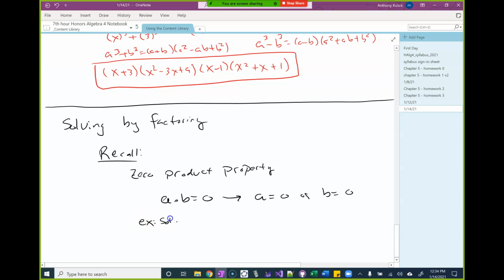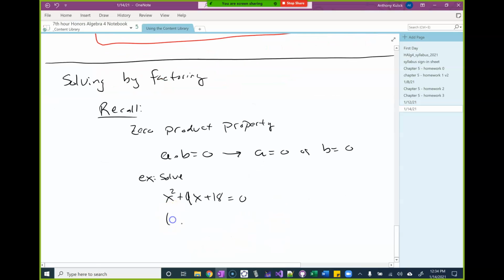So the way we use this is it allowed us to solve things like x squared plus 9x plus 18 equal to 0. We could factor into (x plus 6)(x plus 3). And then since that product is equal to 0, I can set each factor equal to 0 and then solve each one of them independently.